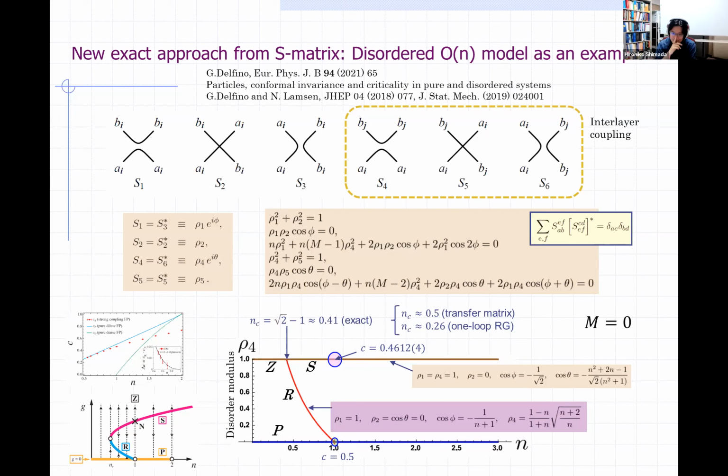I don't have a clear answer to this. Somehow this point looks like infinity. I mean, it's the strongest disorder in this diagram. So it's like some blowing up of this part.